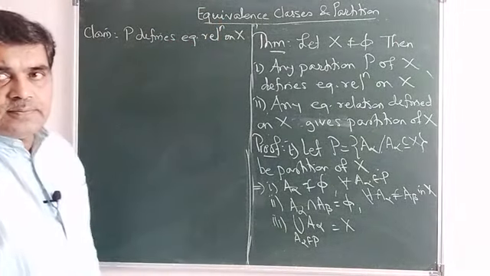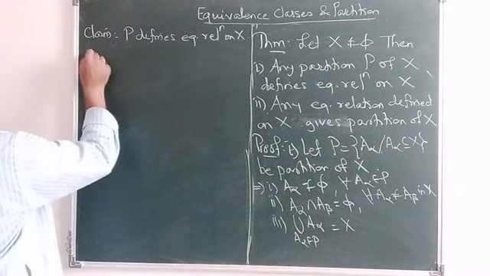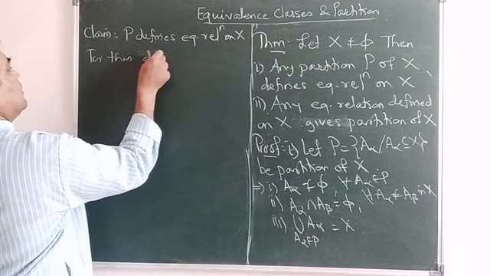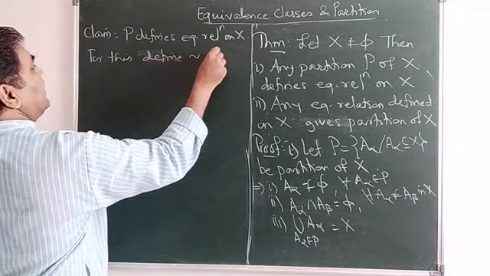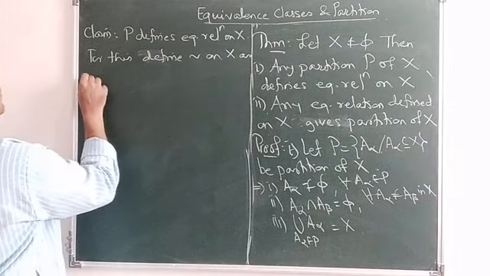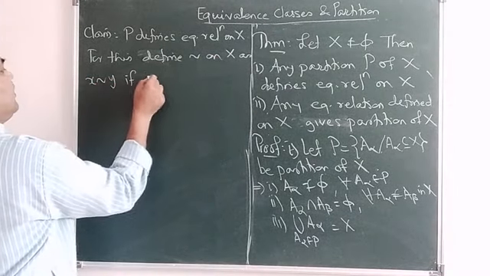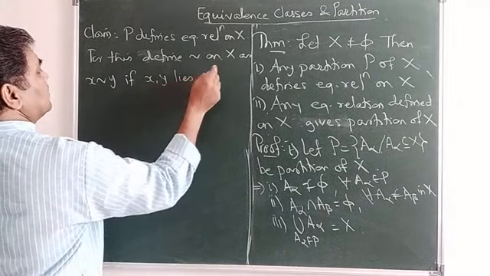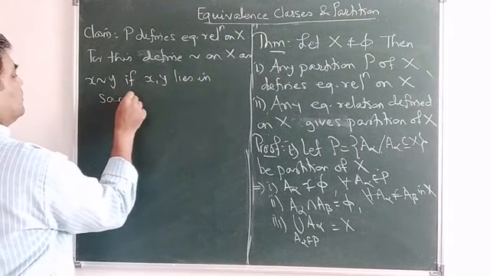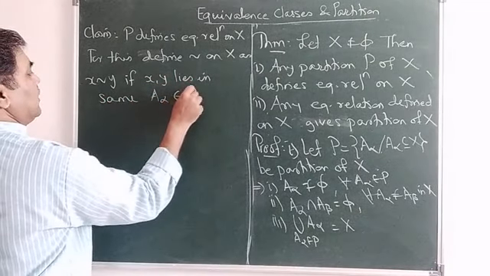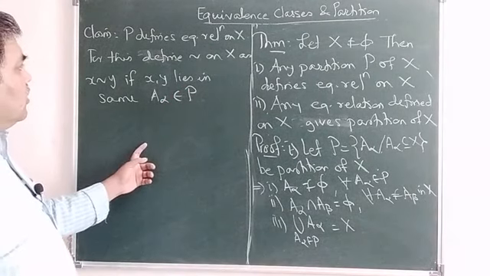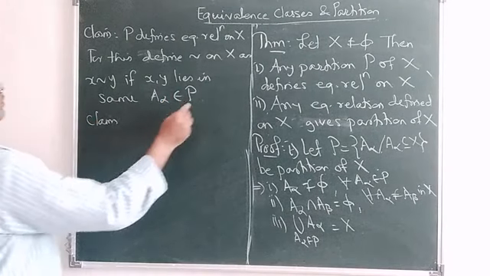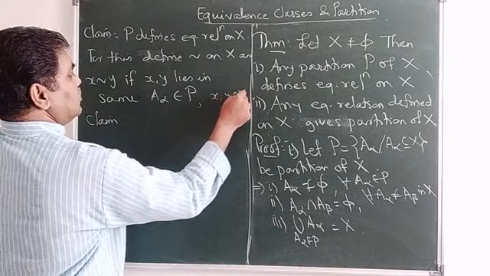Okay. So for this, we'll define tilde on X as: x is related to y if x, y lie in the same A alpha belonging to P, for x, y belonging to X. Okay.